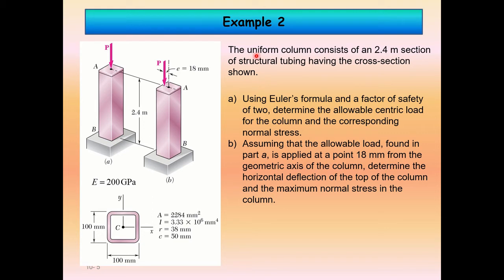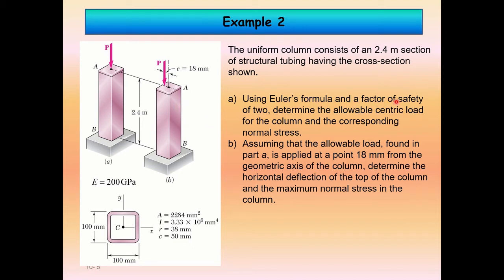Example 2. The uniform column consists of 2.4 meter section of structural tube having the cross section shown. So the eccentricity is equal to 18 mm. The condition of the column is fixed and pin.